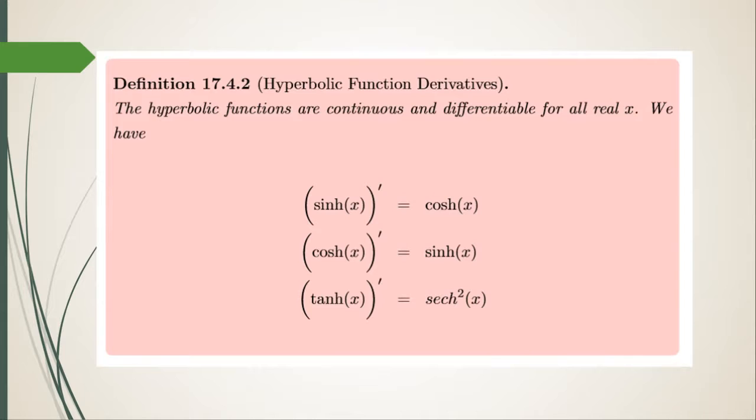So we have the derivative of hyperbolic sine x equals hyperbolic cosine x. The derivative of hyperbolic cosine x equals hyperbolic sine x. And the derivative of hyperbolic tangent x equals hyperbolic secant squared x.